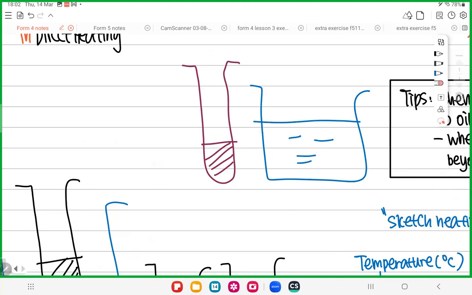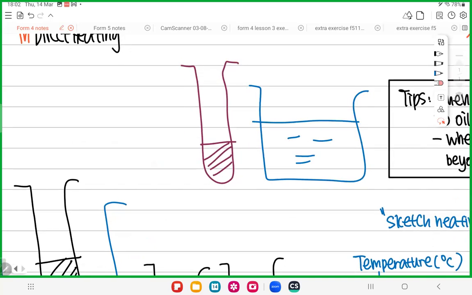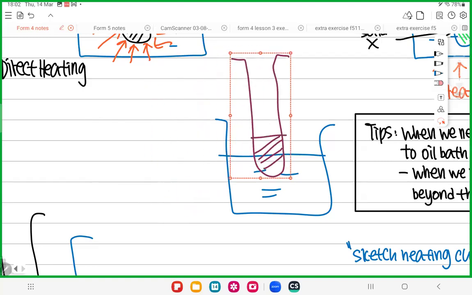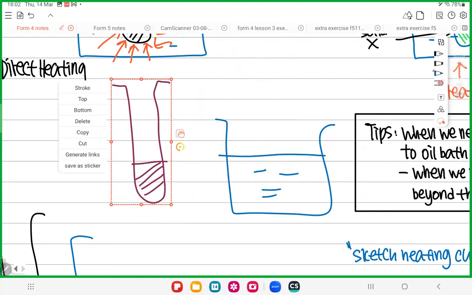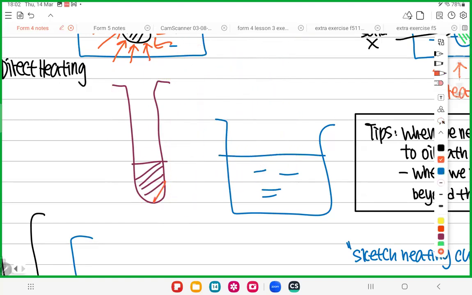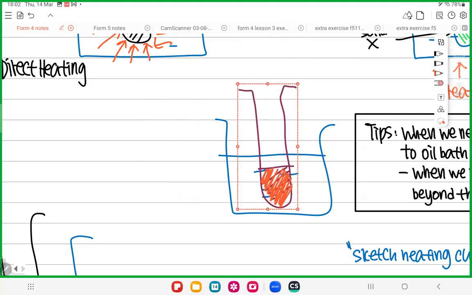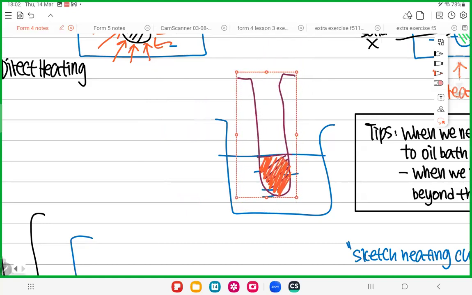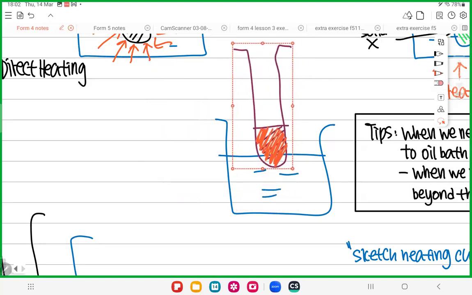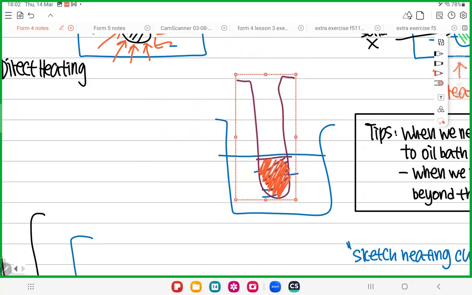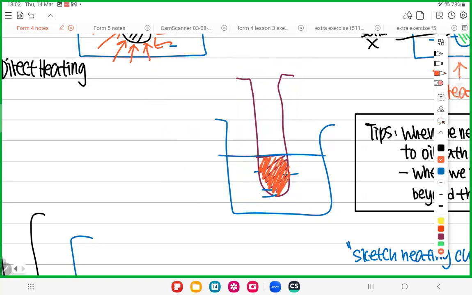You must make sure that the substance you want to heat, this whole thing, look at the red color part, the whole red color part must be immersed into the water. You don't want only a certain part of the red color to go into the water. Why? Because only when the whole thing goes into the water can it be heated by the hot water here and here and here and here.